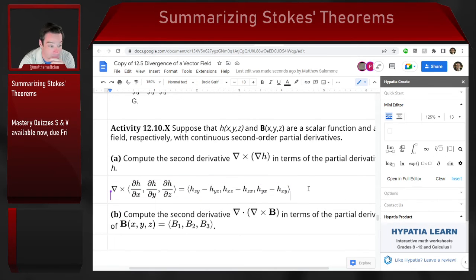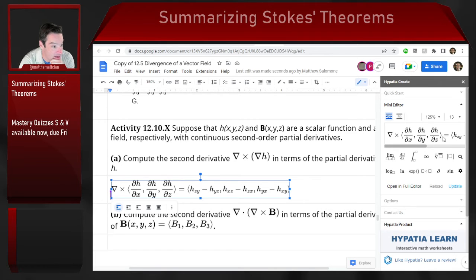But what's going to happen here if I have h_zy minus h_yz? It's the zy partial derivative minus the yz partial derivative. What's that going to give me if h has continuous second order partial derivatives? It's the same. So they're the same. 0. And so I get 0. And the same thing happens in the second entry, h_xz minus h_zx, 0.